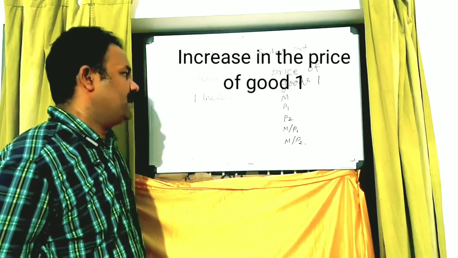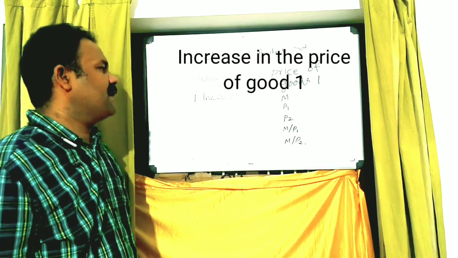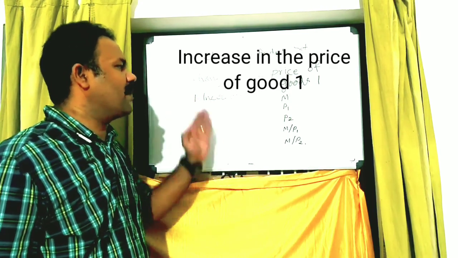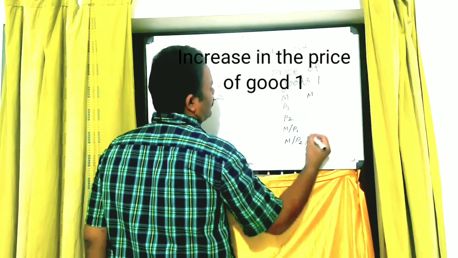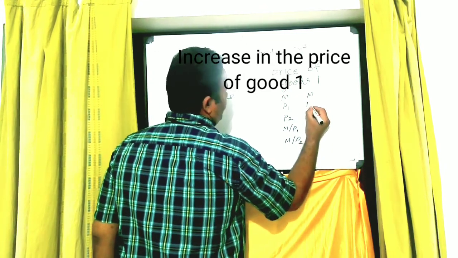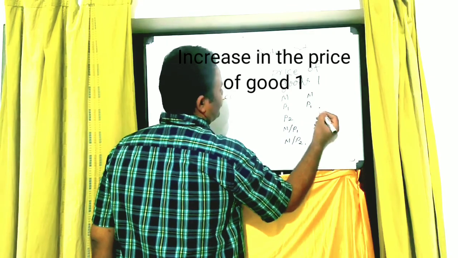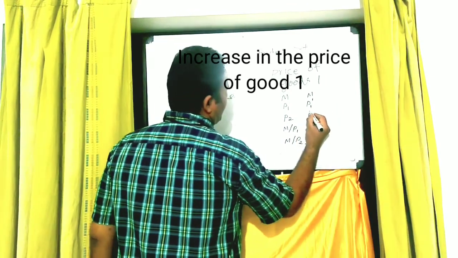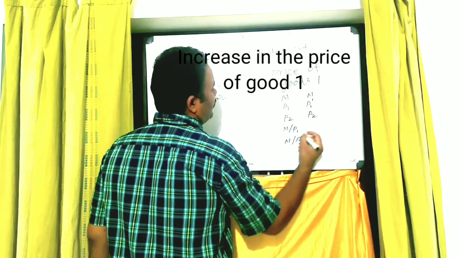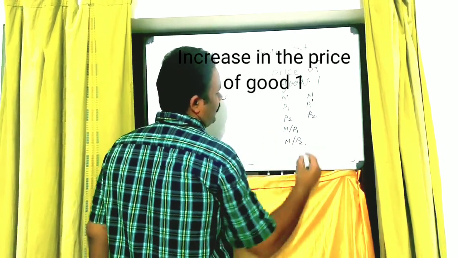Okay, then we can see here increase in the price of good 1. Here M, there is no change. P1 will change to P1 dash. There is no change in the price of good 2, so here same P2.